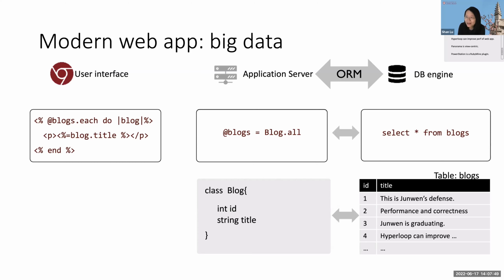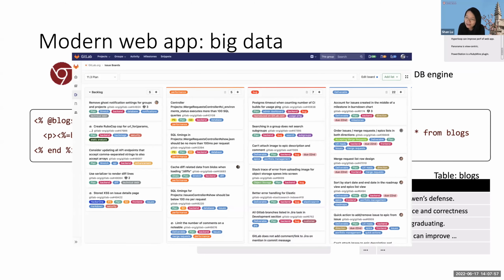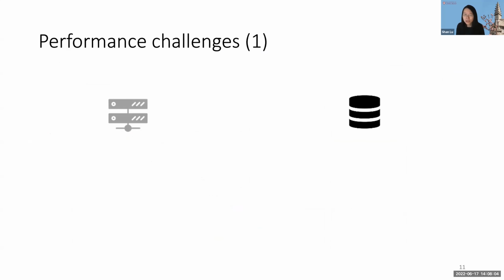It looks great. It looks like you don't need to learn anything about databases, and you can write a pretty large scale web application. Now, the problem is there are a lot of performance problems in particular. And there are also correctness problems, which I will talk about later. And if you think about it, it's actually pretty natural that there will be performance problems.